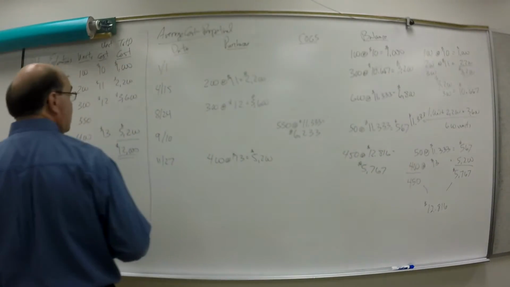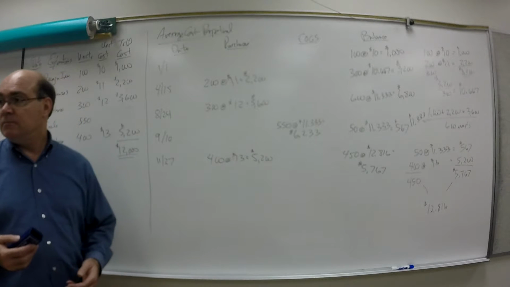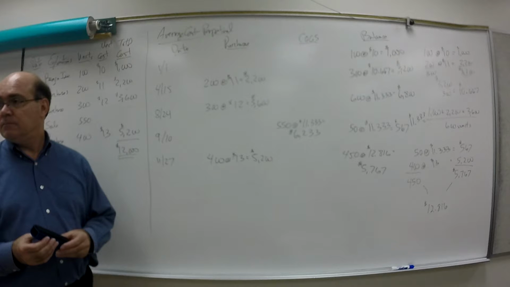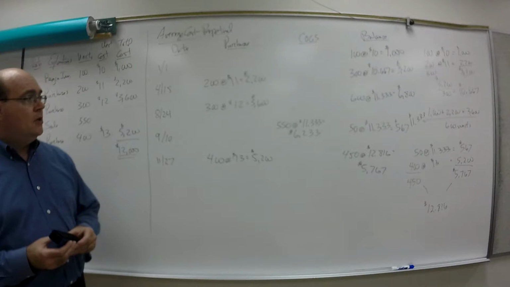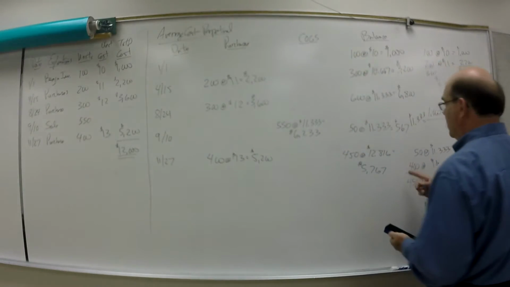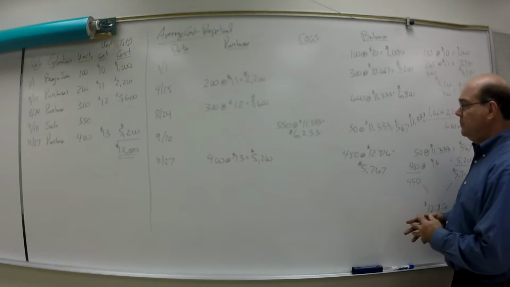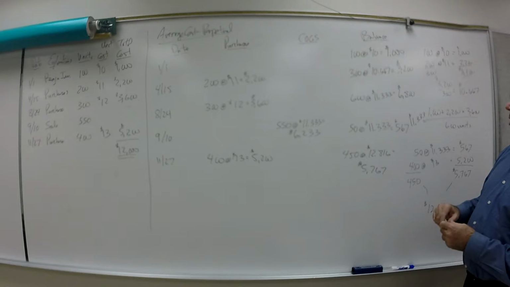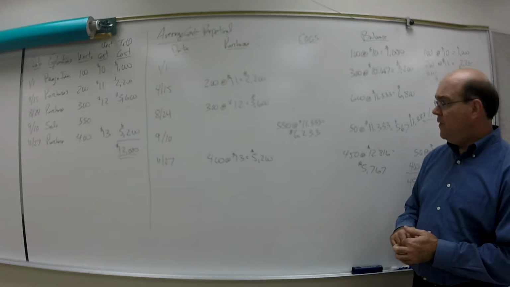Before you erase that, can you show me how to do the cost of goods available for sale? For which one? For here? Well, this is always going to be your ending inventory number. You're not going to need to do your cost of goods available for sale.